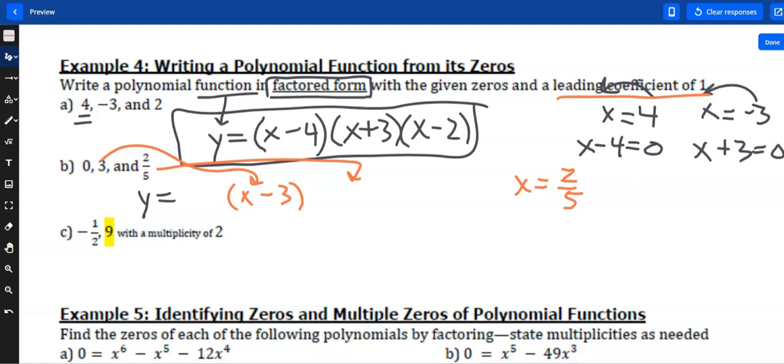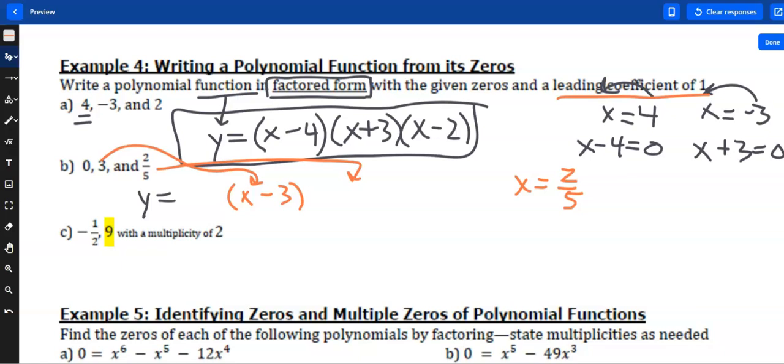Wait a sec, find the given zeros and a leading coefficient of 1. I guess they do want me to do that. I was not expecting that. I don't really want to do that.